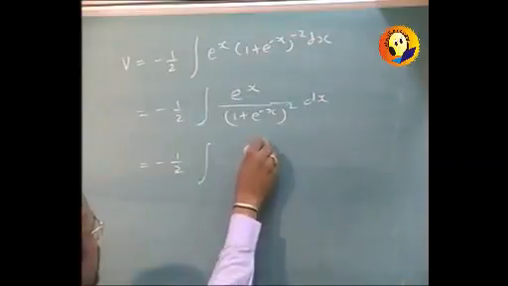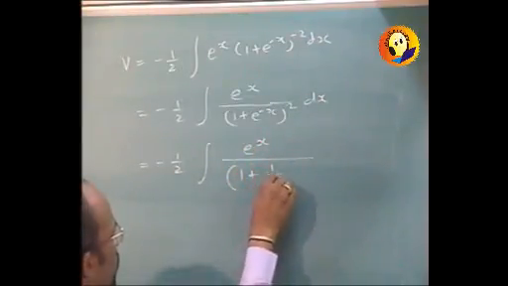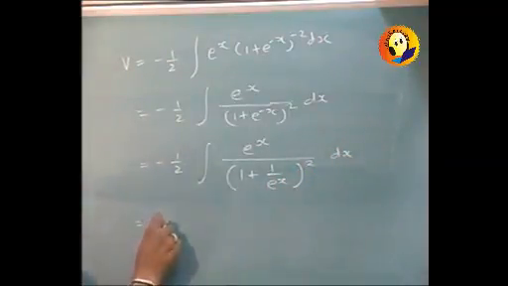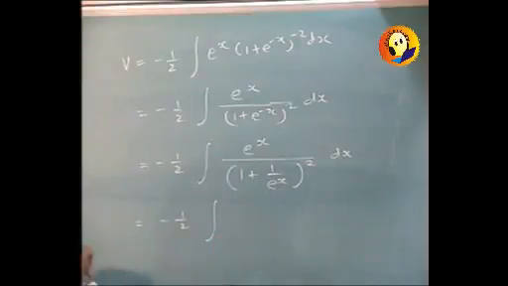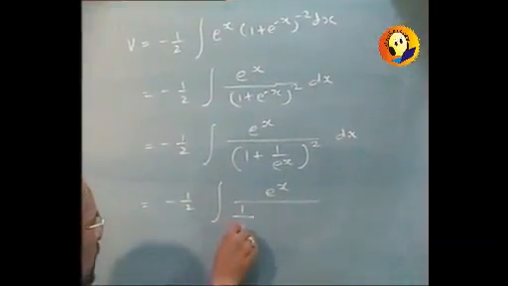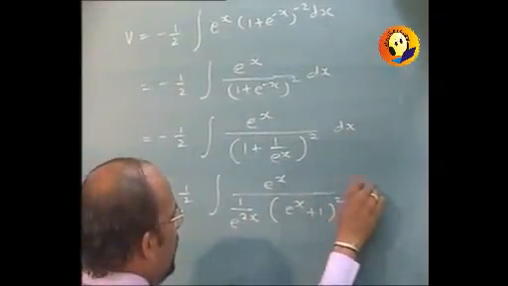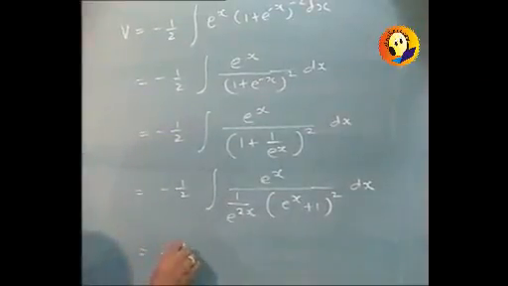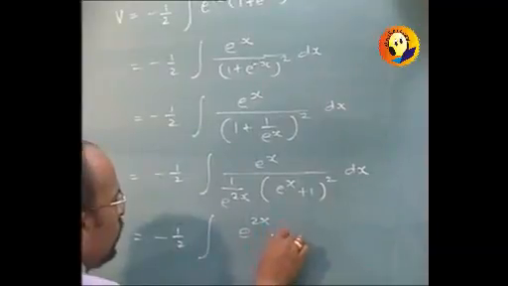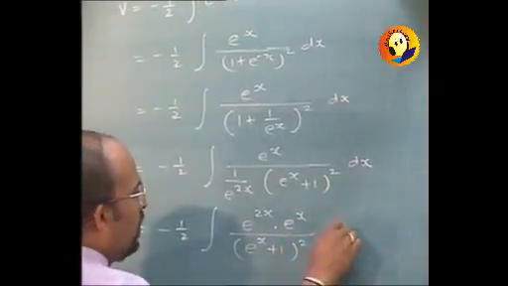It is e raised to x divided by (1 plus 1 upon e raised to x) square dx. So it is half integral e raised to x divided by 1 upon e raised to 2x into (e raised to x plus 1) square dx, which will be written as minus half integral e raised to 2x into e raised to x divided by (e raised to x plus 1) square dx.